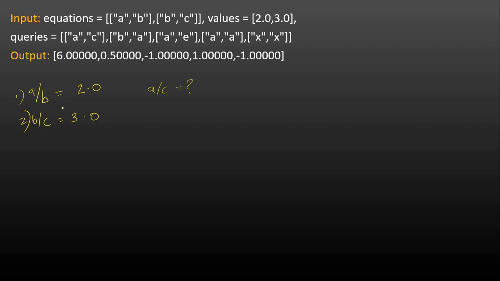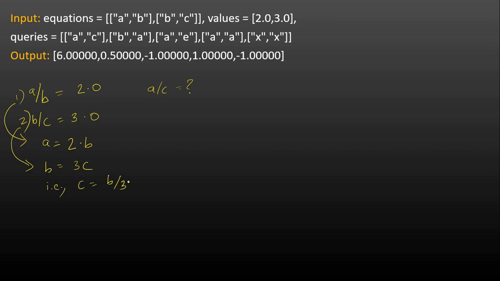Now we know that a by b equals 2, right? So from the first we can say that a equals 2 times b. And similarly from the second we can say that b equals 3 times c, or that is c equals b by 3.